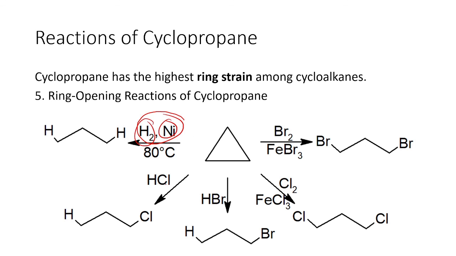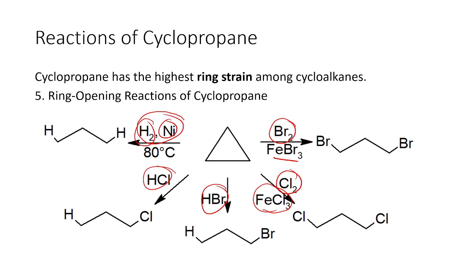Hydrogen here is the reagent. HCl here is a reagent. HBr is a reagent. Cl2 here will be the reagent, and iron 3 chloride will be our catalyst. Here, bromine will be our reagent, and iron 3 bromide will be our catalyst.